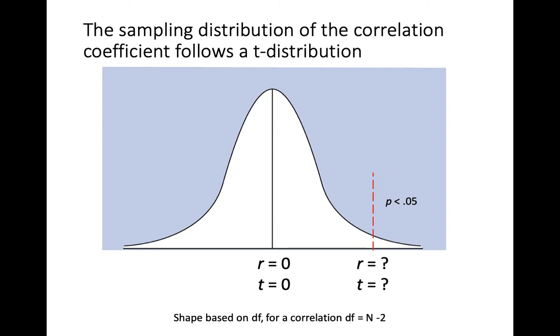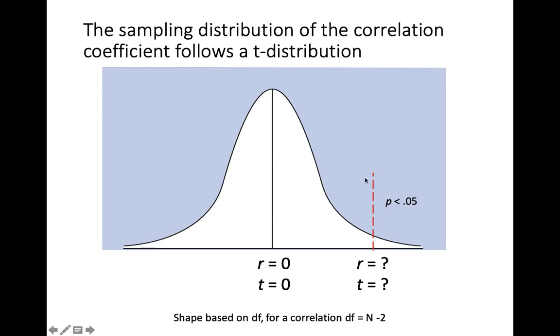What we're ultimately going to do is say, when the correlation that we calculated, in this case 0.51, is converted to a t-score, what is the probability of that particular t-score in a distribution with degrees of freedom of 4?